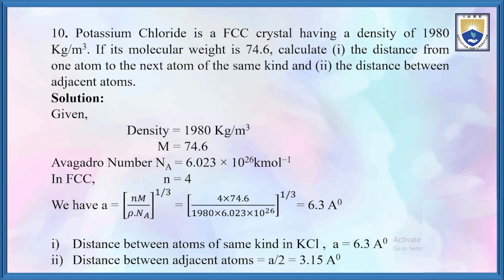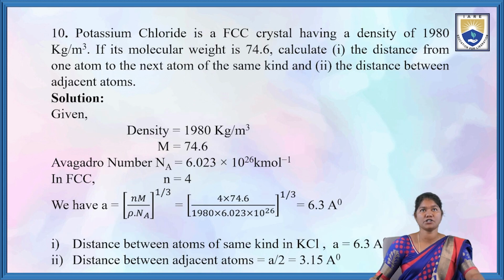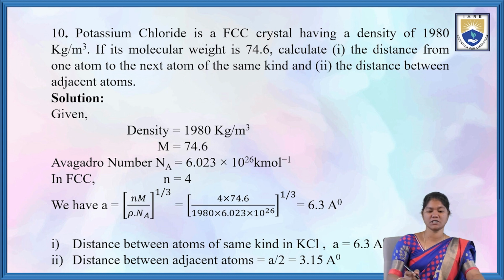So next problem. Potassium chloride is an FCC crystal having a density of 1980 kilogram per meter cube.